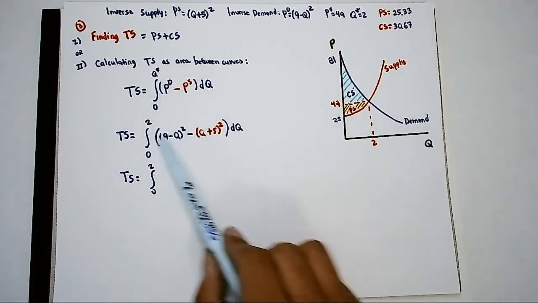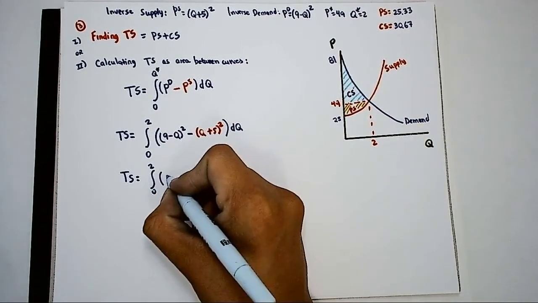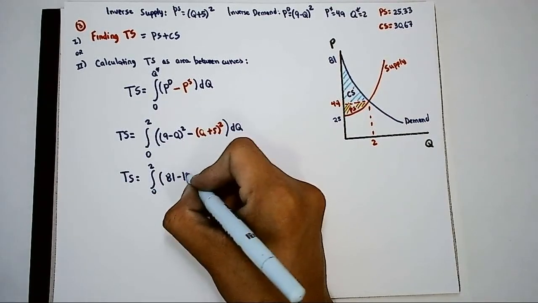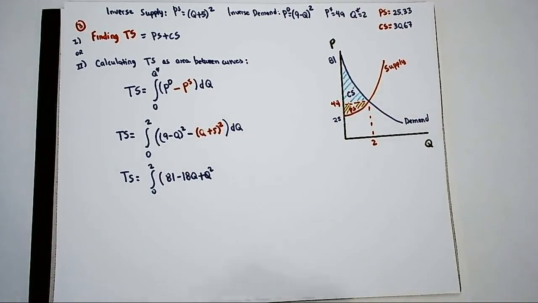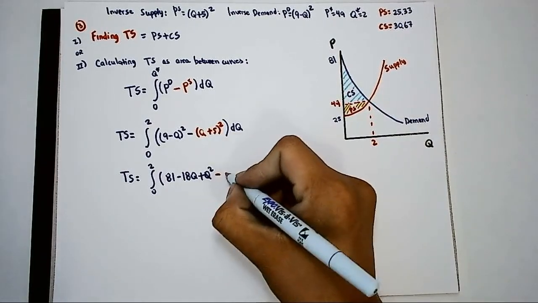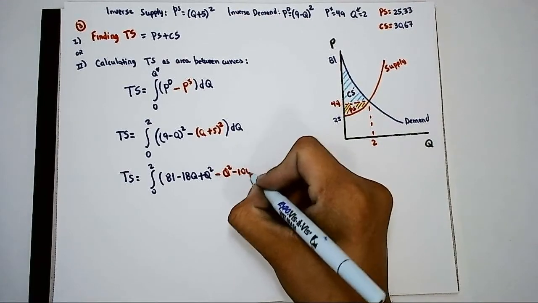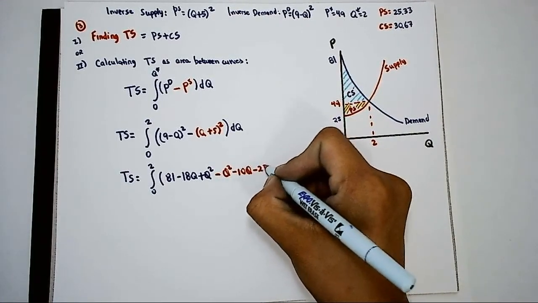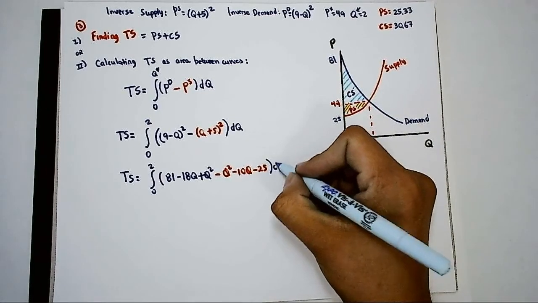Let's expand and simplify this expression. This is 81 minus 18Q plus Q squared minus Q squared minus 10Q minus 25 dq.